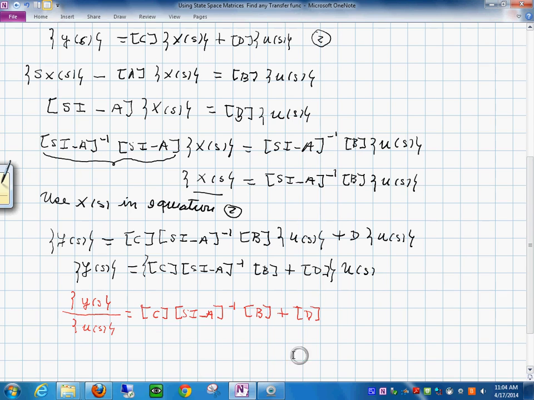So if we have the matrices, it follows that any transfer function can be calculated by using the state space form.